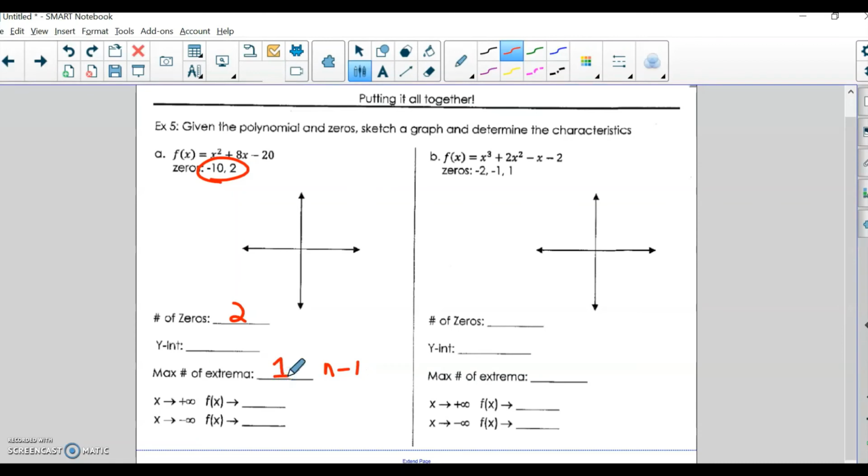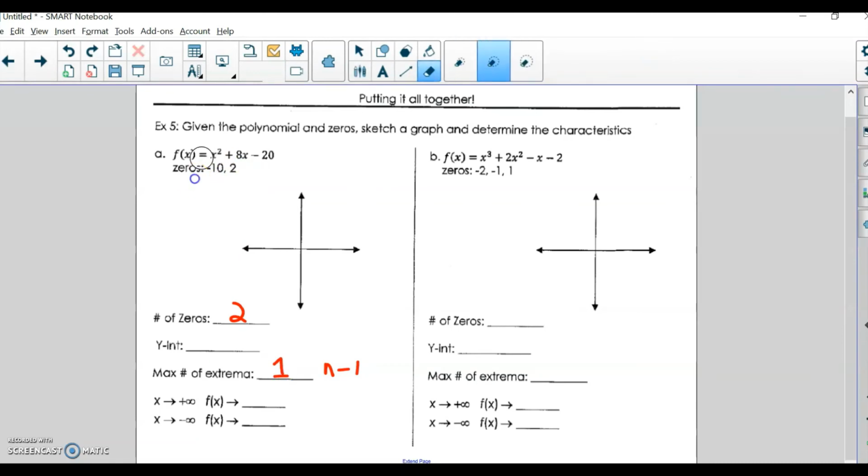term. Based on the leading coefficient in this graph, the leading coefficient is positive, so the right-hand side is going to go up.